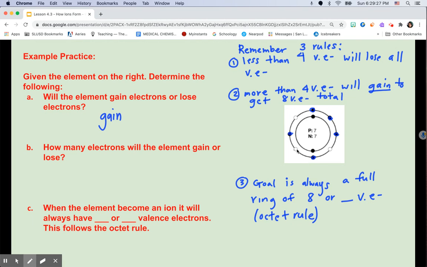Remember the white spaces are missing electrons, so I'm missing 3. So therefore, it needs to gain 3 to get a total of 8 valence electrons.